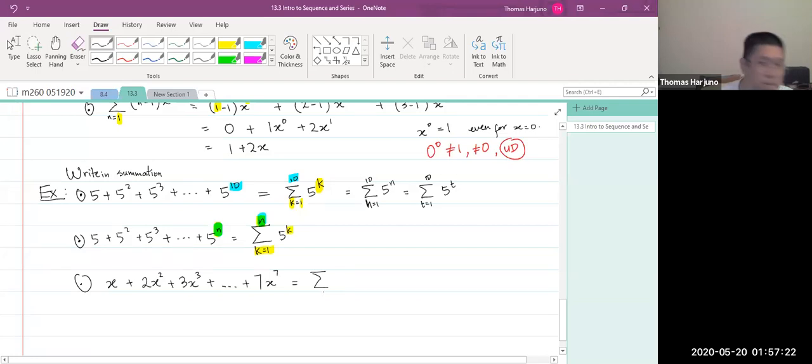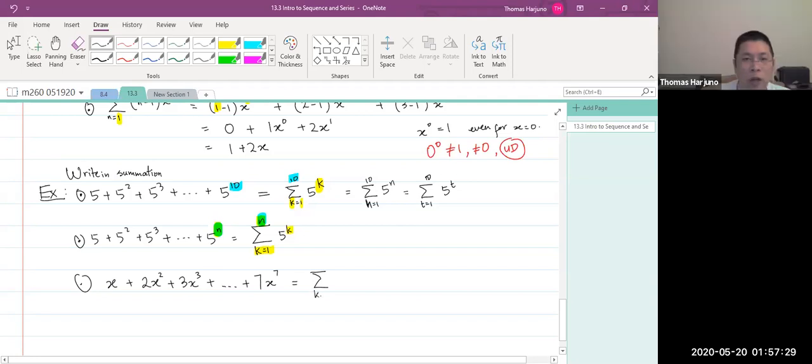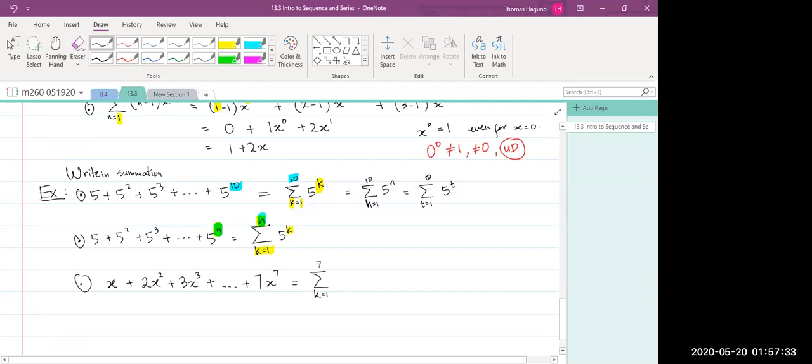We start from what first? Start from 1. Let me use k equals 1 up to 7. Okay, what is the pattern?